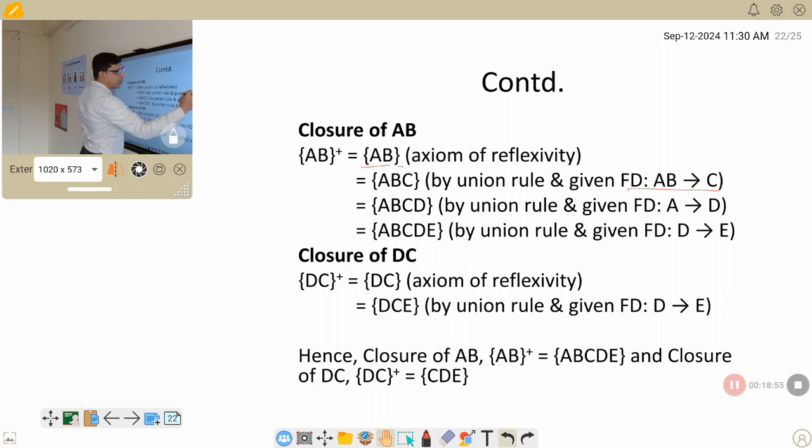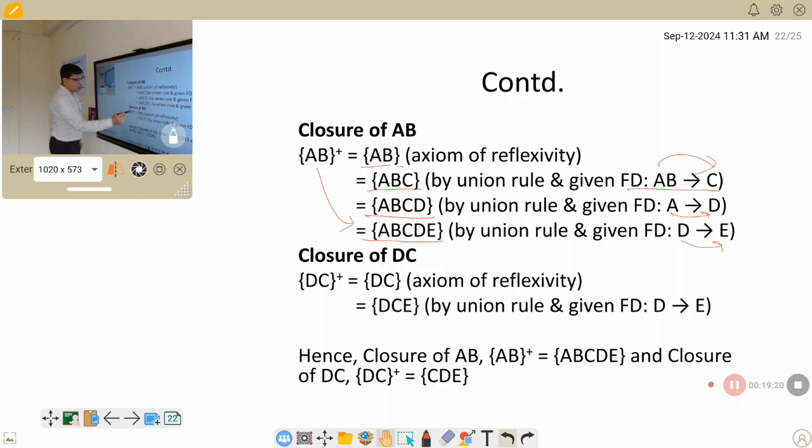AB arrow C means AB determines C, so you can add C into the closure set. Then A derives D, therefore D is included in the set. Again D derives E, therefore E is also included. So that is the closure of AB plus.